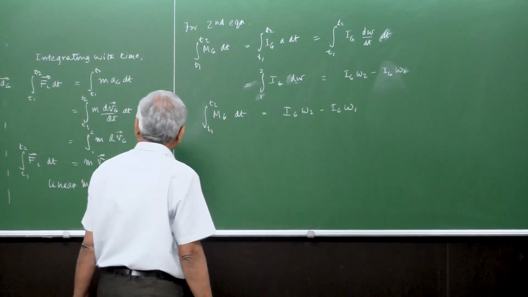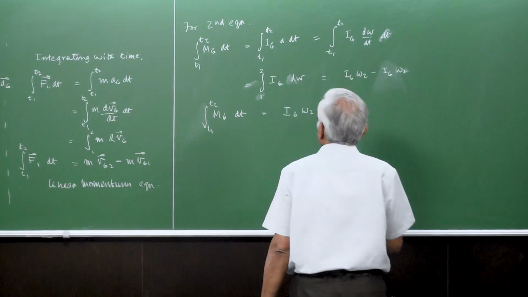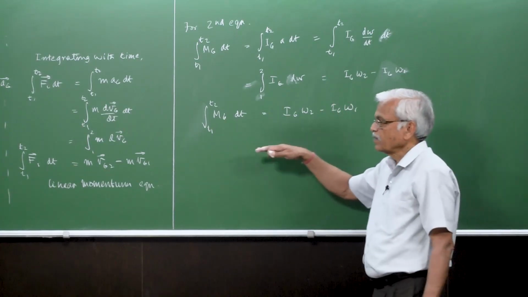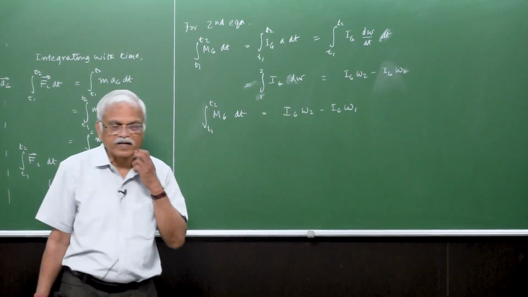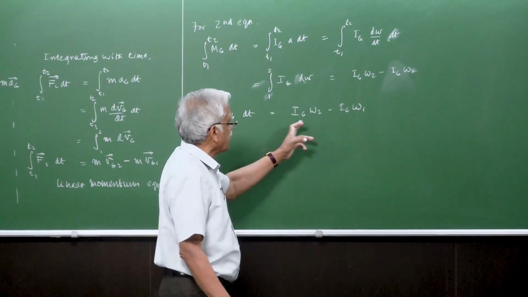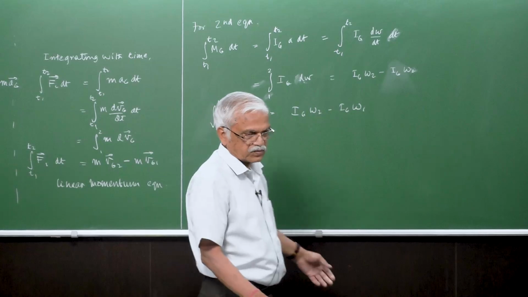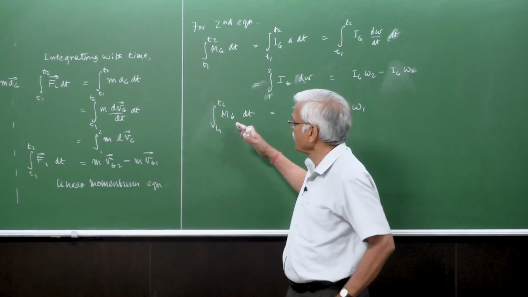Okay, so this is another equation, just like your linear momentum equation. You can see that this is a version which we have simplified from 3D to 2D, and so that is why it is just a scalar equation here. This is as far as the plane motion is concerned, the 2D motion.